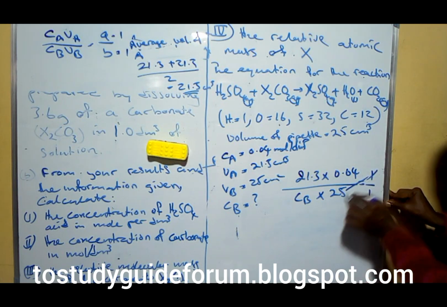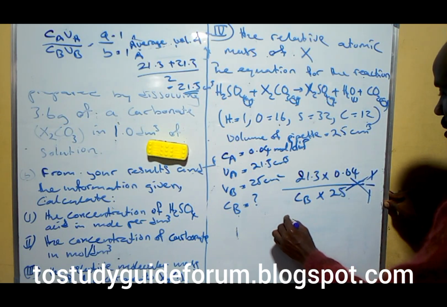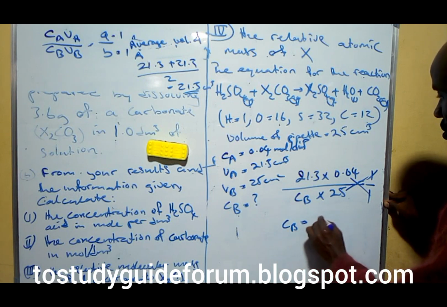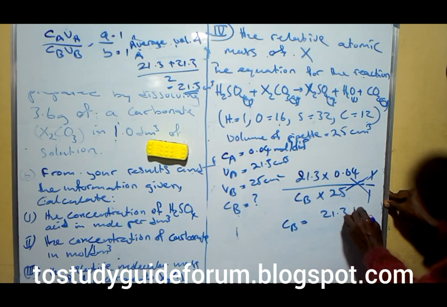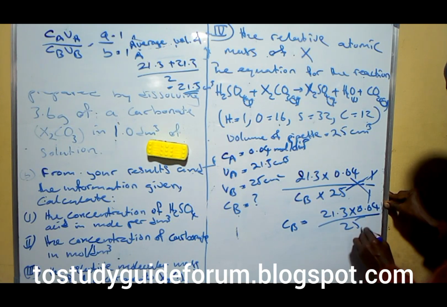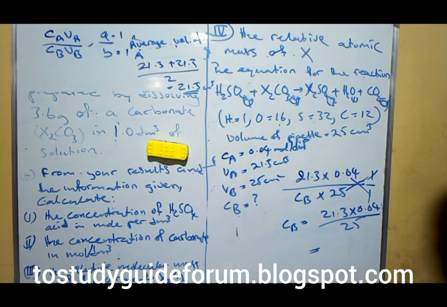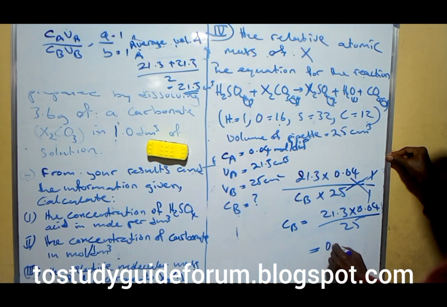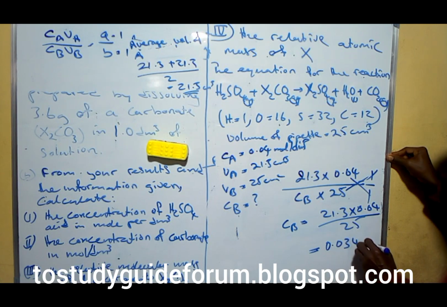When we cross multiply, CB is equal to 21.3 times 0.04 all over 25. Dividing this through, we have 0.034 approximately mole per dm cube.